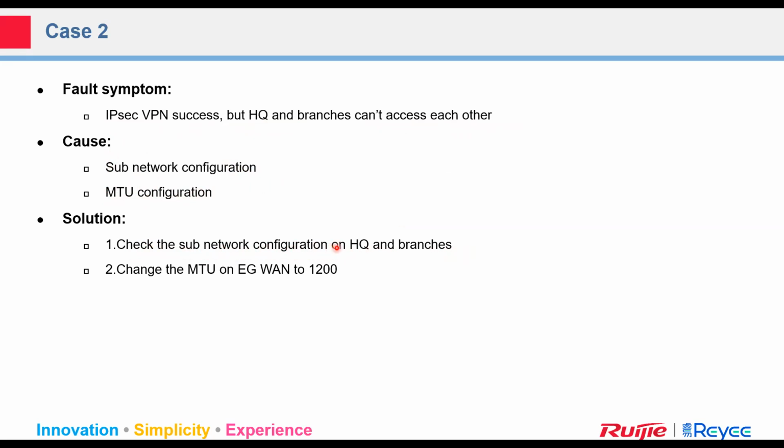Make sure the VLAN is configured properly, or the network segment is used properly, and change the MTU of the EG WAN to 1200. So these are the two things you can do if the IPsec VPN is connected but HQ and branch cannot access each other: check the sub-network configuration on both HQ and branch, and change the WAN MTU to 1200.